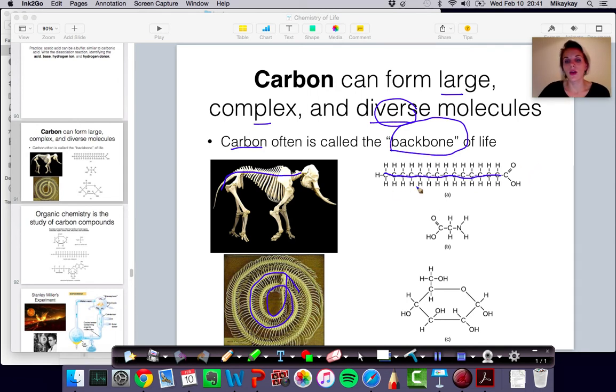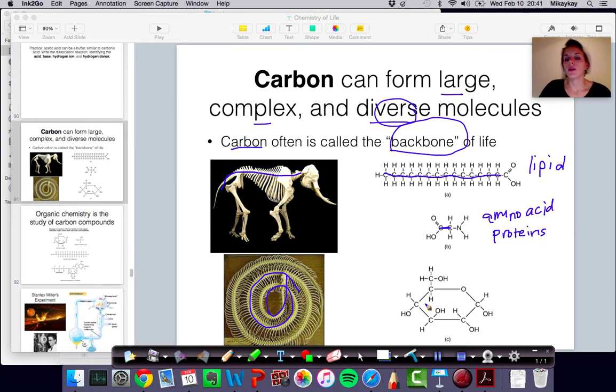So this one right here is a long hydrocarbon chain that forms lipids. This is a lipid or a fat. Here we have a short carbon chain that makes up a really important amino acid. And you might remember from your biology classes that amino acids make up proteins.